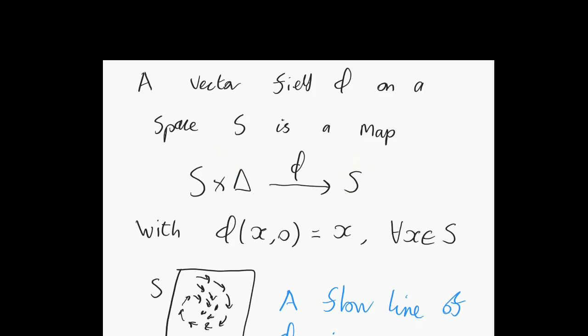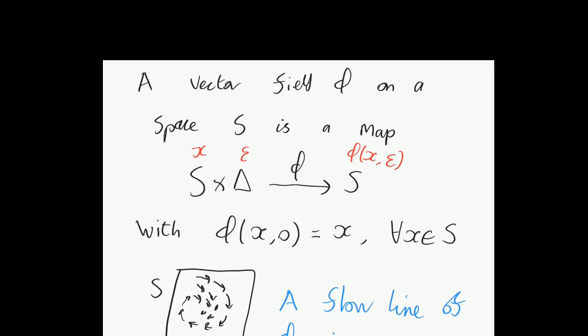Basically you can think of this as sending a starting point x and an amount of time epsilon to a new position, which is what we get by moving epsilon along the vector at x. And this is fine because if we choose our epsilon to be a nil square infinitesimal, in the sense that epsilon squared is 0, well, epsilon is so small that we are literally just moving along this vector from this point x.